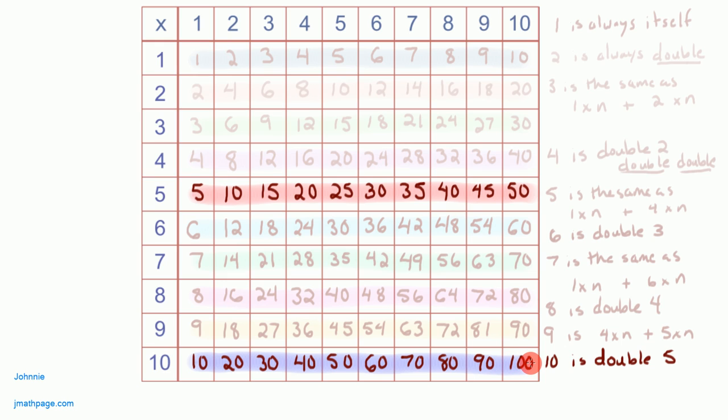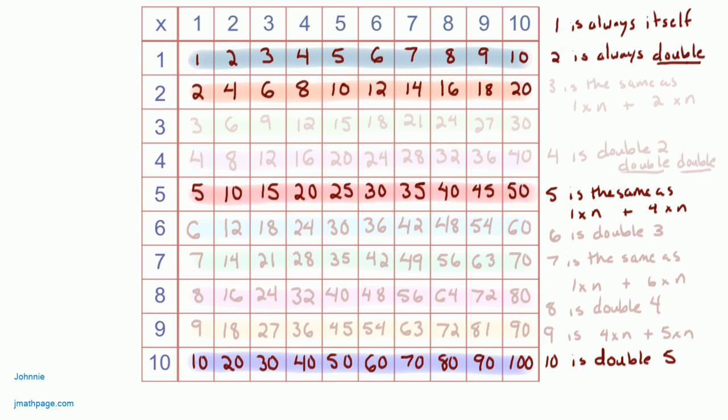We've completed the chart. Let's look at all of them first before we go. Let's start with the ones. If we look at the ones, the 1 is always itself. That made sense, and from that we were able to build the rest of the table. With the 2's, we saw that 2 is always double, so we doubled our 1's.